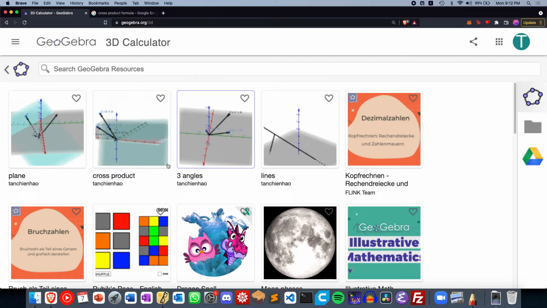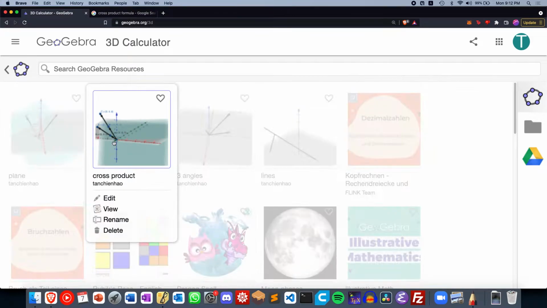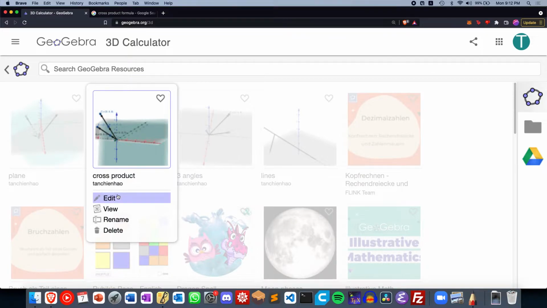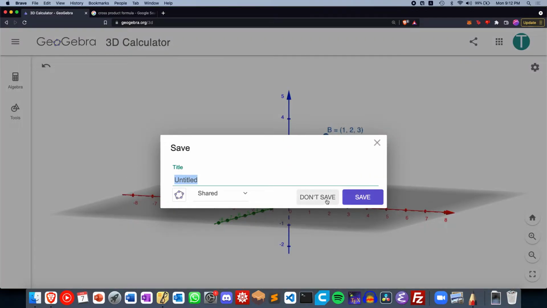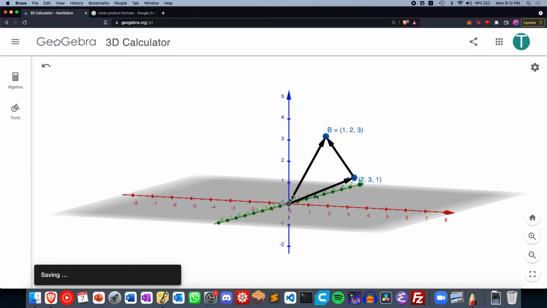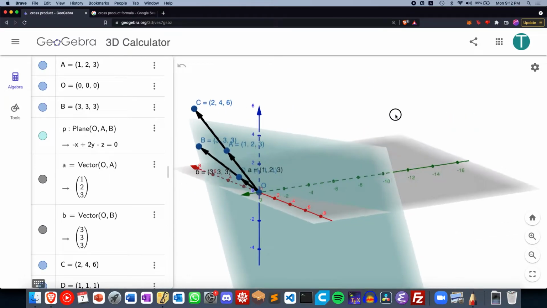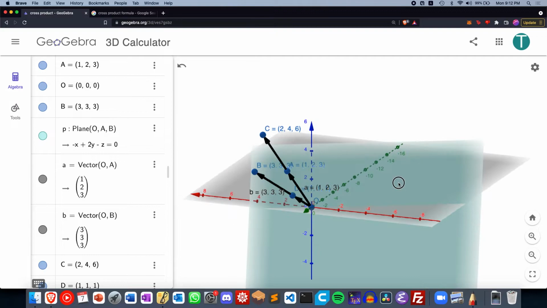If I go ahead and open my cross product visualization, let's edit it. It took a while to load, but now it's loaded.